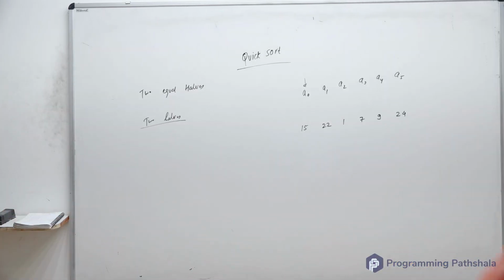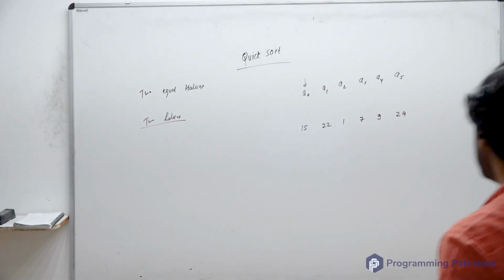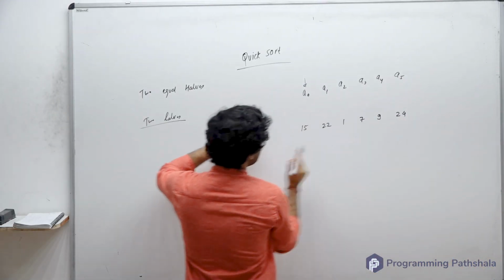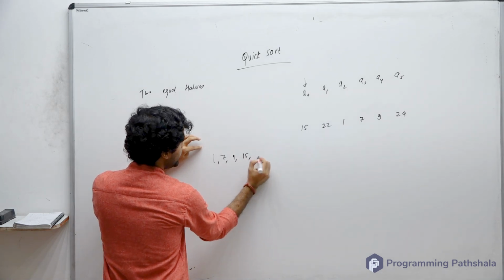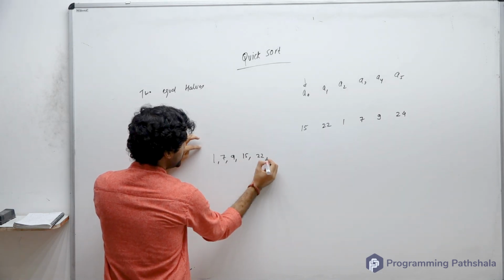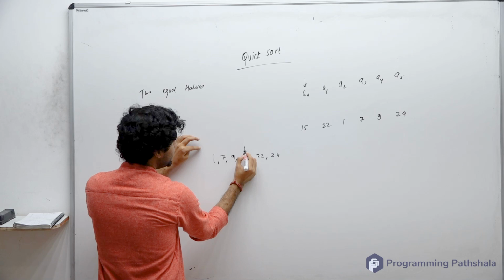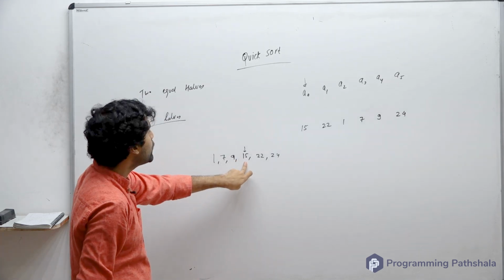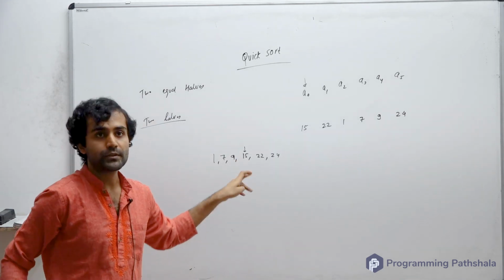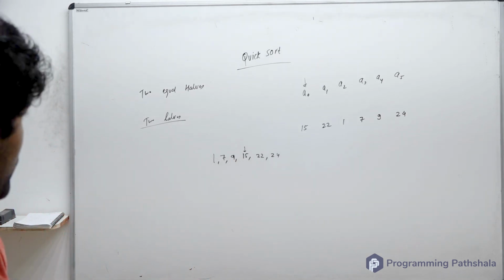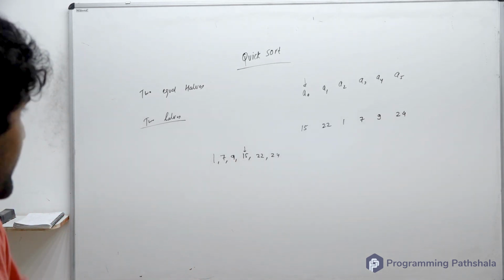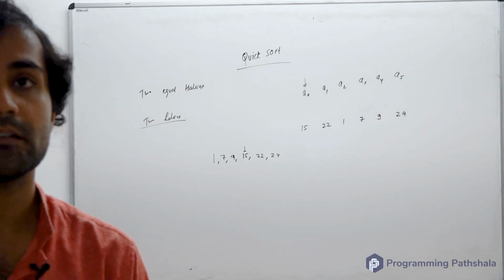Can you tell me that index? If this becomes sorted, then I will get 1, 7, 9, 15, 22 and 24. So the deserving position of this is the 4th position, and that 4th position is index 3, right?